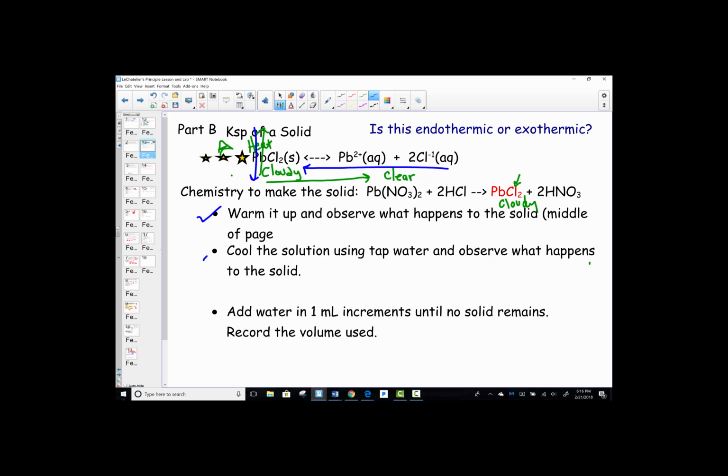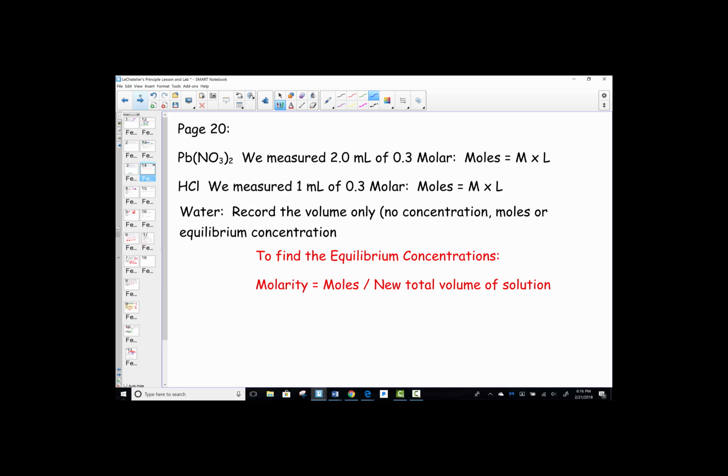So right in this section where you're warming and cooling, you're verifying if the reaction is exo or endothermic. The last thing we're going to do is to actually calculate the equilibrium constant of this solid. Let's talk about what that will look like.